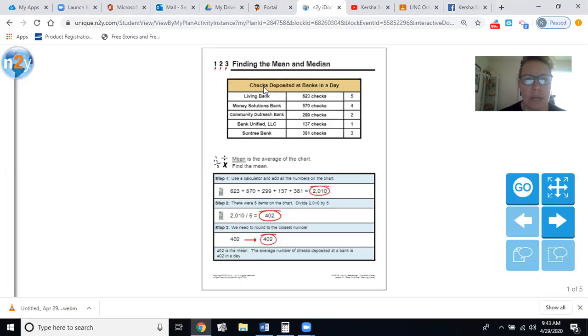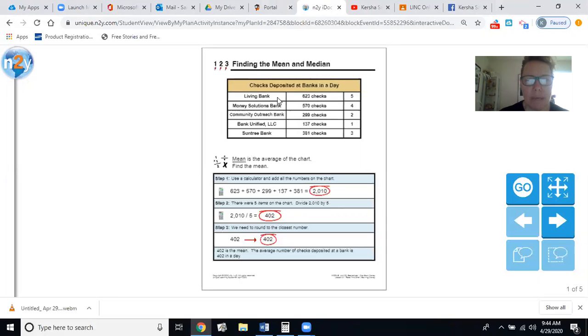Okay, so here we see checks deposited at banks in a day. And this is going off Mark Makes a Budget, the story that we've read from today. So here's a list of banks, and this is how many checks they've deposited.